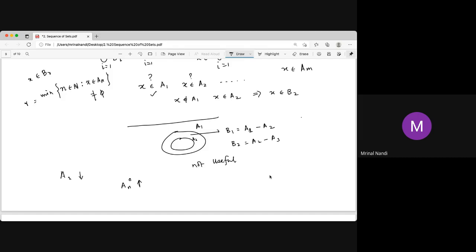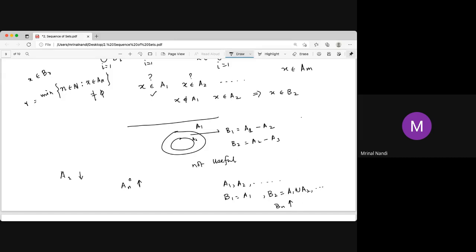Now, if the sequence is not increasing or decreasing, we do the same trick. If it is any arbitrary collection, we first consider B1 as A1, then B2 as A1 union A2, and so on. Now these Bn are increasing. Once Bn is increasing, we do the same thing.